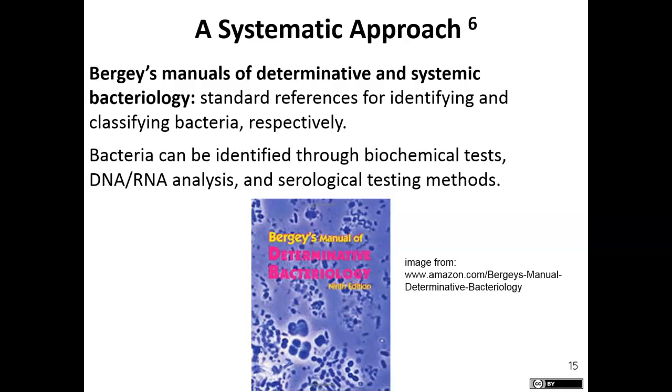Bacteria can be identified through biochemical testing, through genetics, and through serological testing, so antibody testing. So they have a lot of mechanisms for testing bacteria, and so we can put bacteria into different groups themselves, actually.